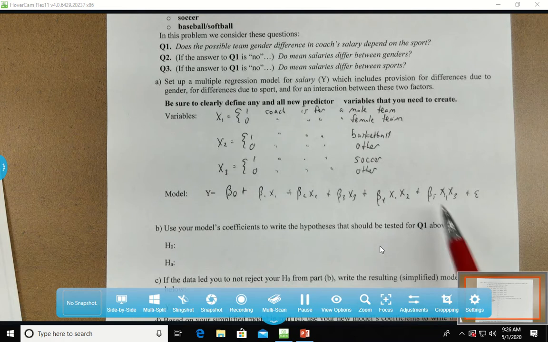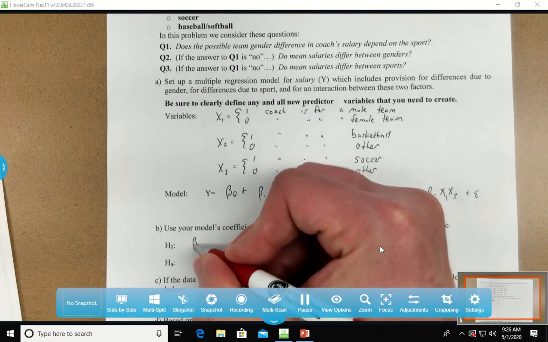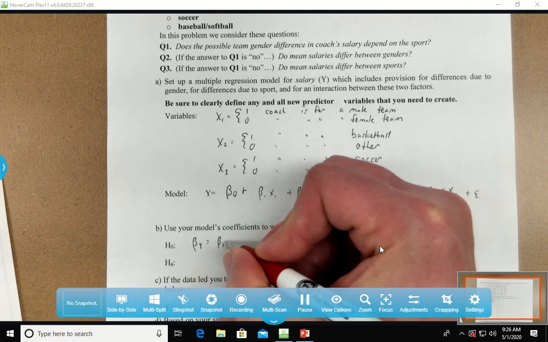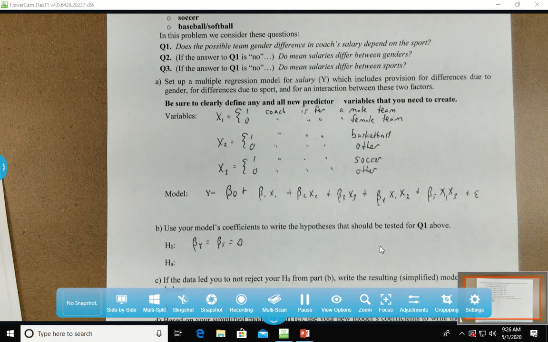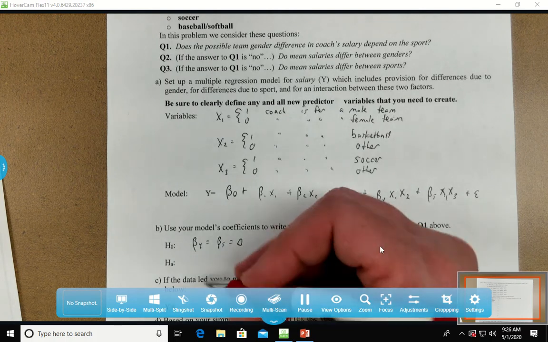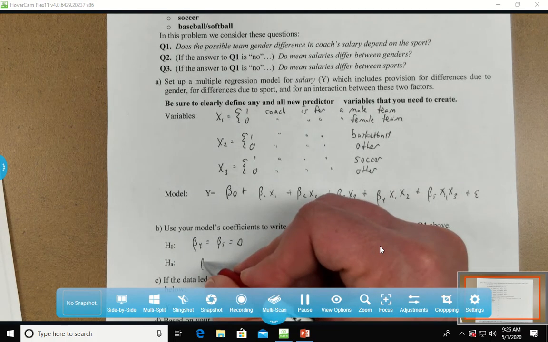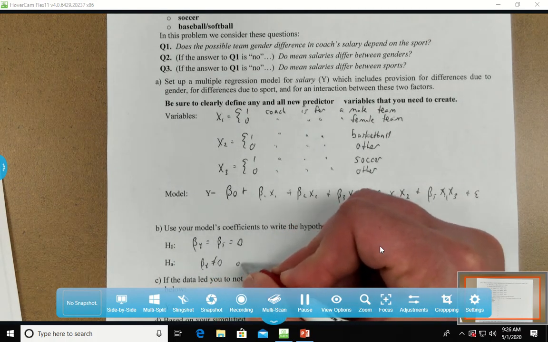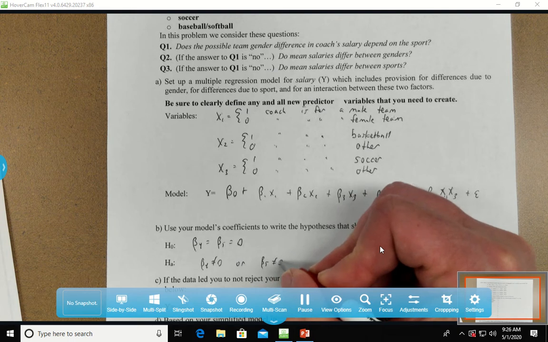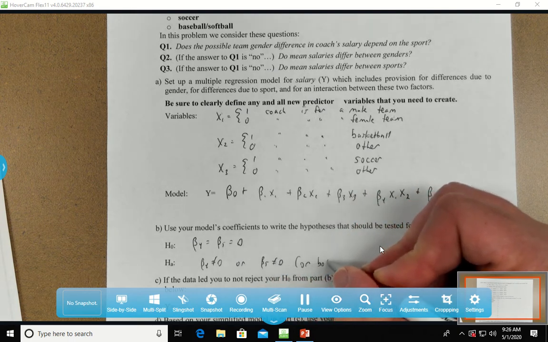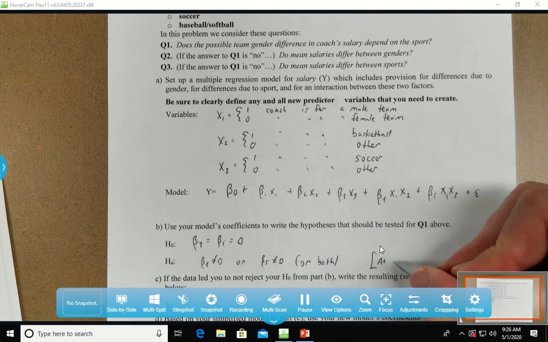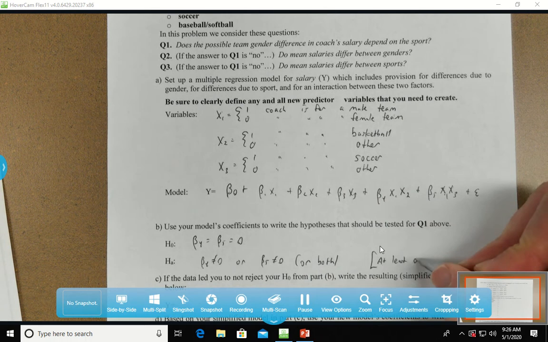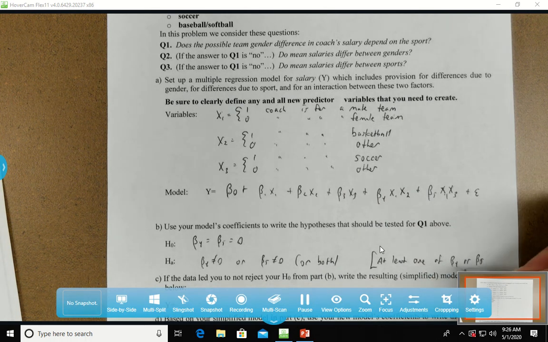So I want to test whether beta 4 equals beta 5 equals 0. The alternative is that at least one of these is not 0. You could have beta 4 not 0, or beta 5 not 0, or both. Another way to write this is at least one of beta 4 or beta 5 is non-zero.